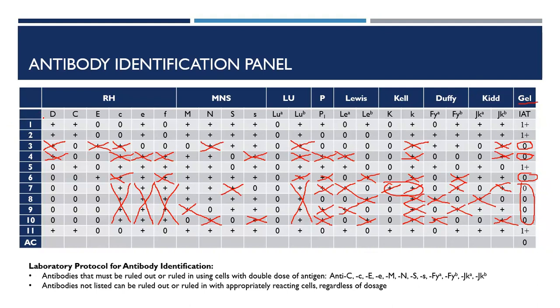So everything that I've ruled out down below, I come up and I show how did I rule it out. This is just a quick visual for me. And again, different transfusion services will have different protocols on how they rule things out.